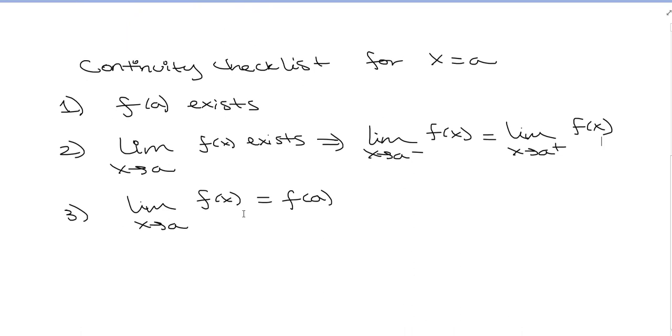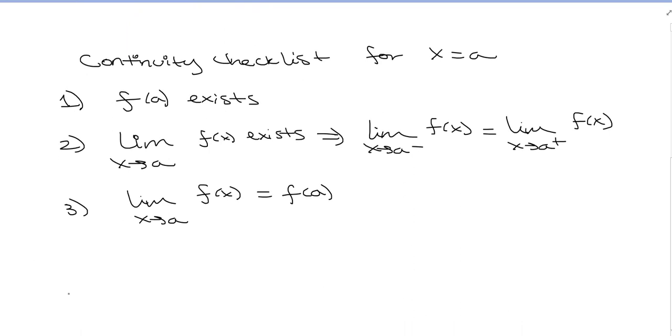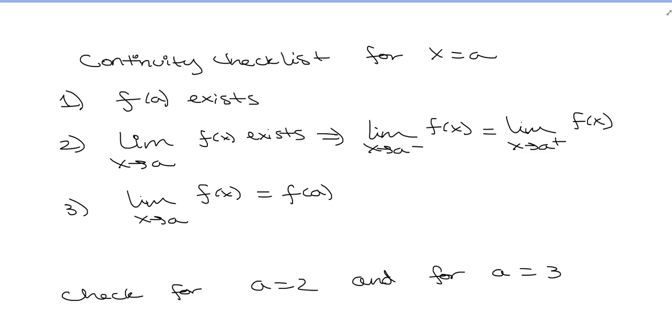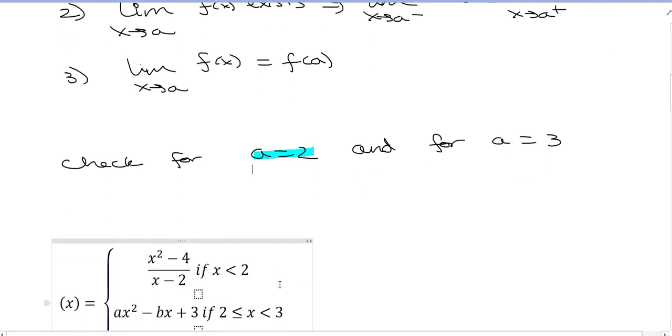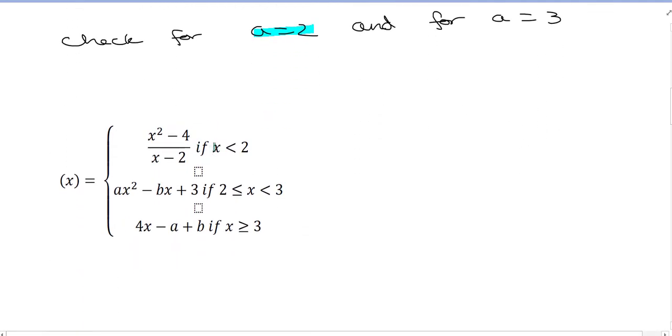So we're going to check continuity at 2 and at 3. Let's start with 2. Here's our function, so we're going to check the 3 conditions of continuity for 2.